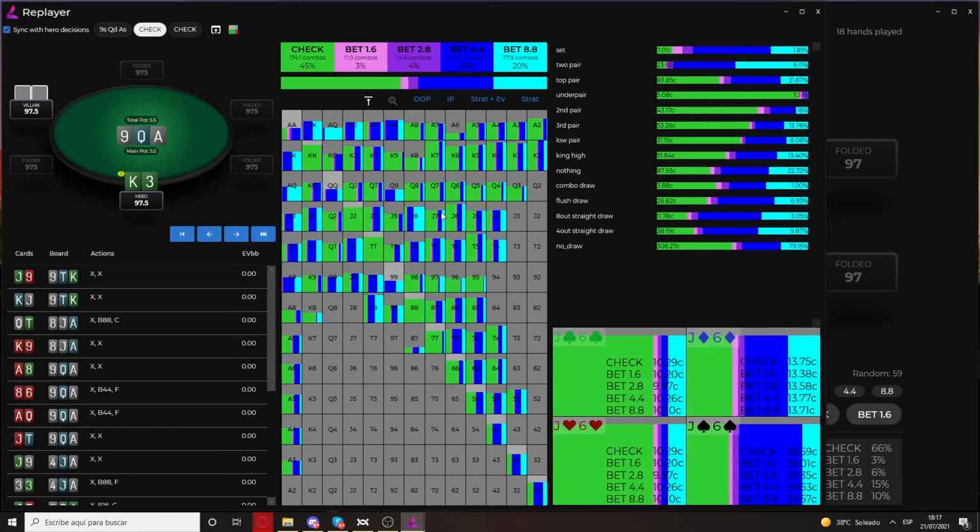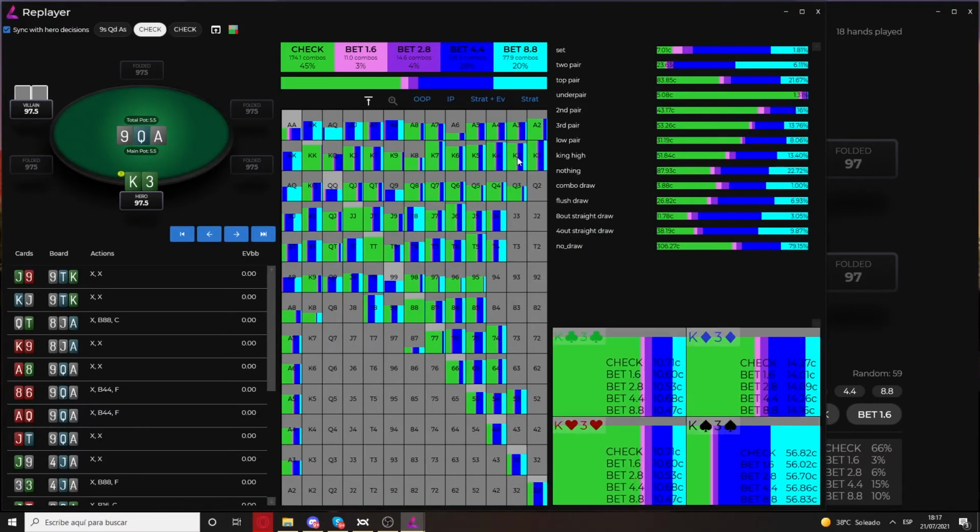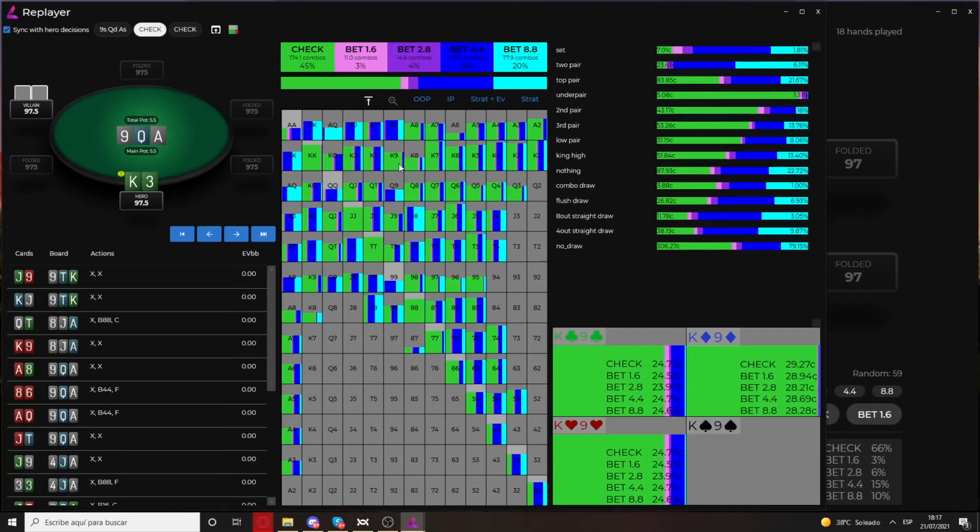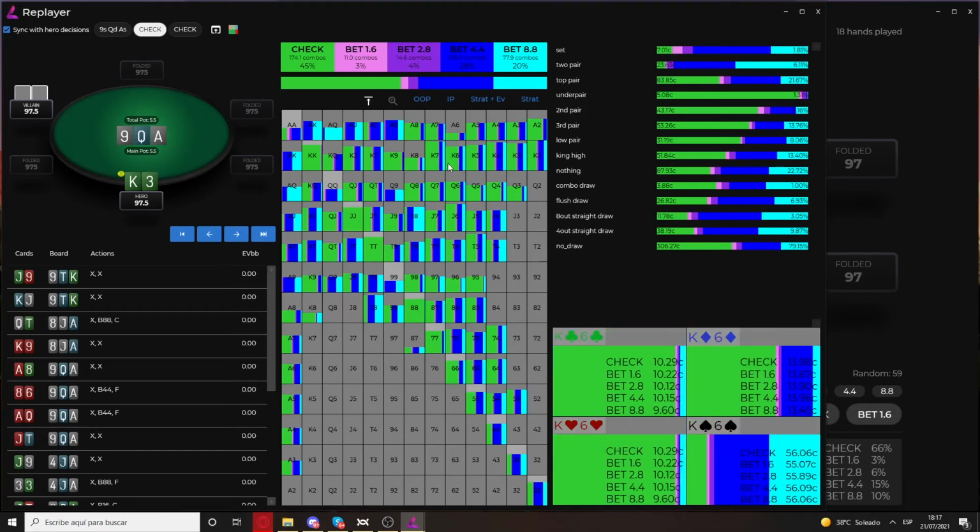Right, like, yeah, pretty much 20 to 30, more like 30% of the time. With the backdoor flush draw, it's more like 50-50, and with the actual flush draw, it's more like 80% betting. Important to note that something like king 9 would pretty much never bet, or very, very low frequency.